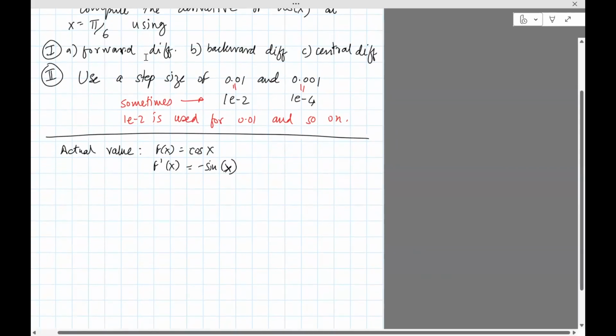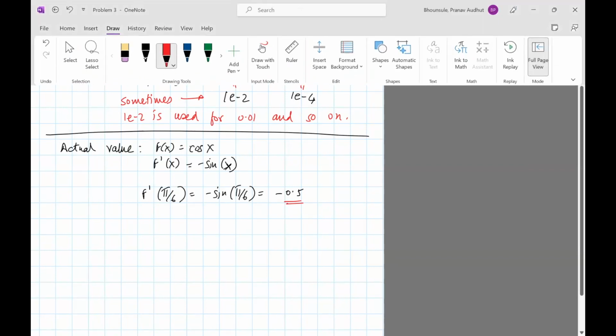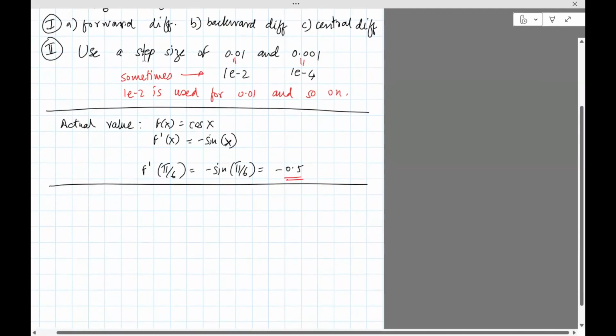And so f prime of pi divided by 6 is minus sine pi divided by 6, which is minus 0.5. So this is the actual value, and we are going to compare the values we get with it. By the way, this is a very contrived example because we know what the derivative is. In a physical process, you will not know the actual function and you'll have to approximate the derivative using these.